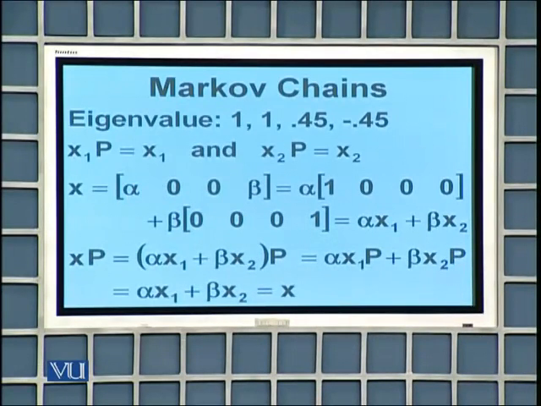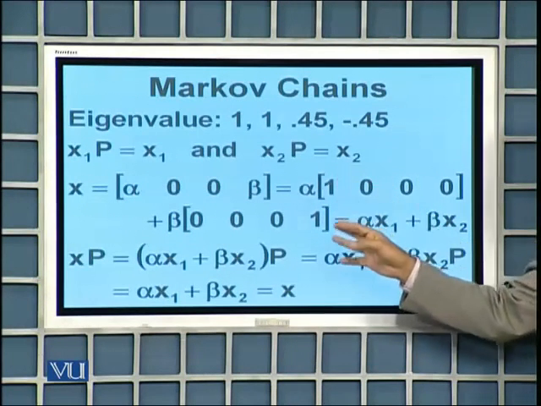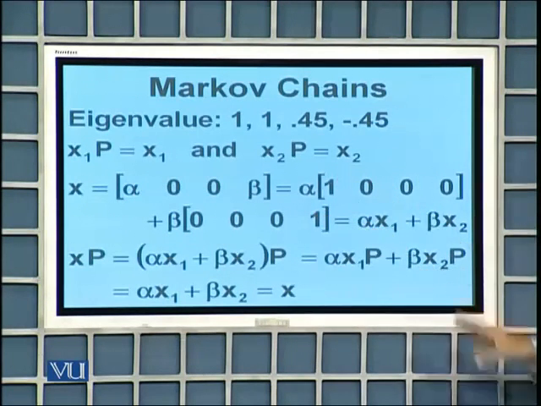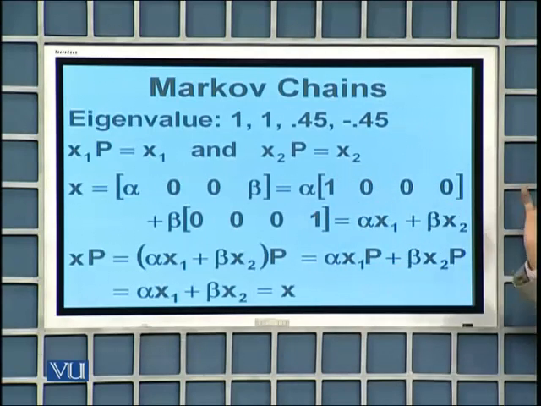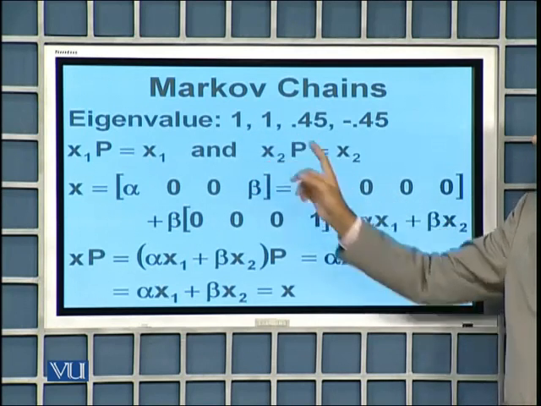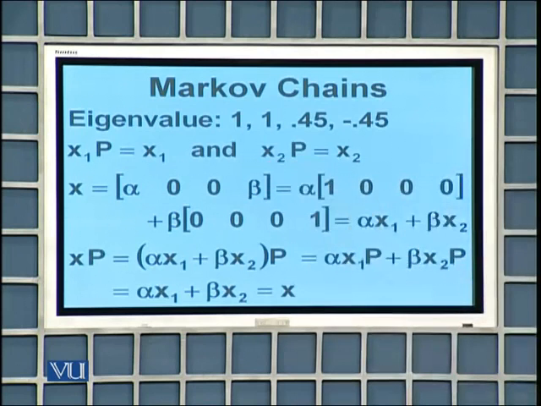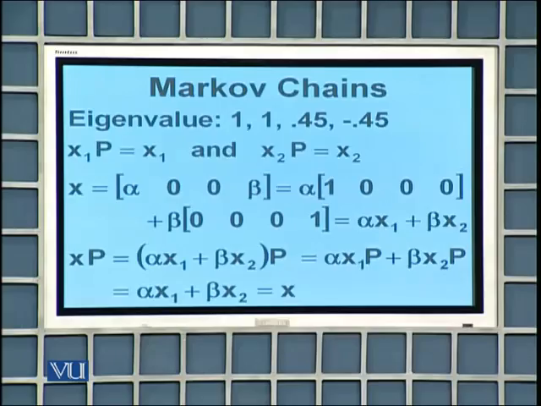This holds in general whether we have this type of eigenvector or some other eigenvector, because mathematically the result holds. You can have a starting probability distribution which is a scaled sum of two eigenvectors corresponding to an eigenvalue of 1 with degree 2 and get that probability distribution as a stationary probability distribution.